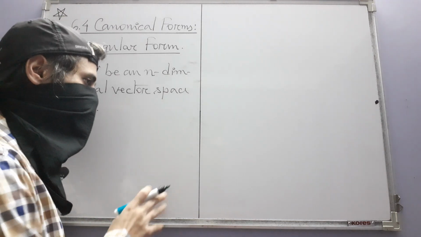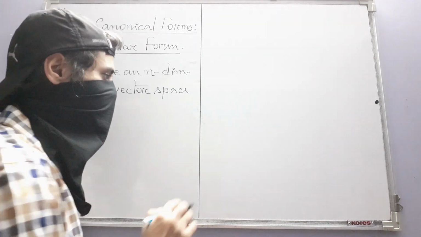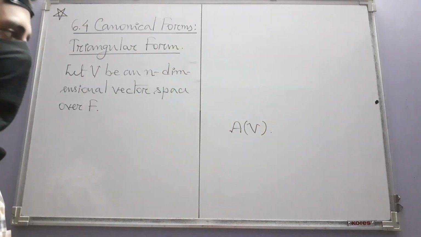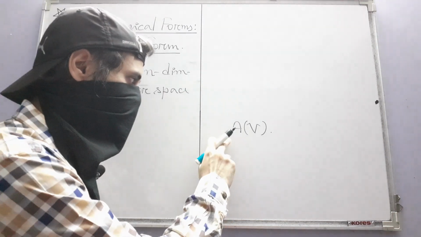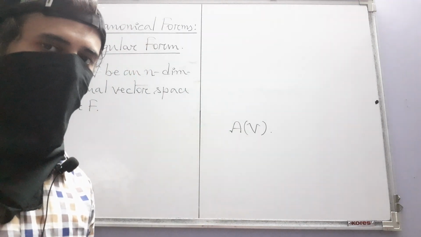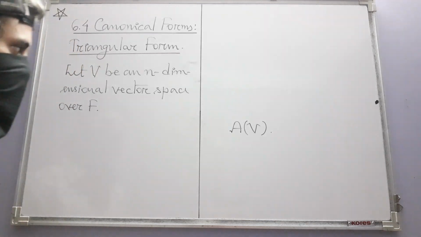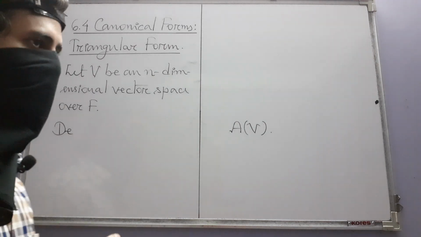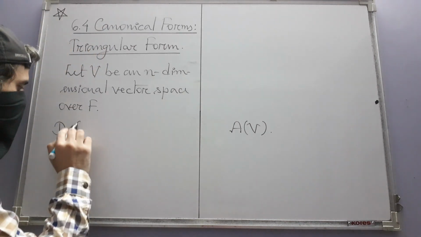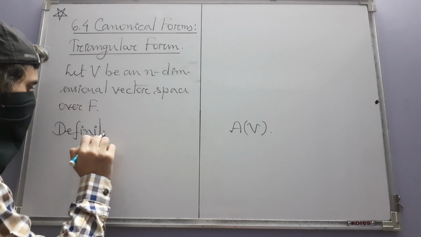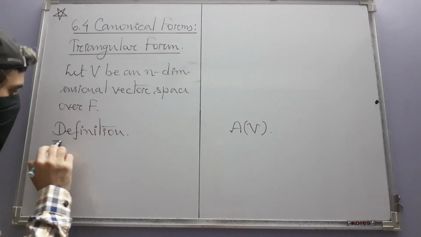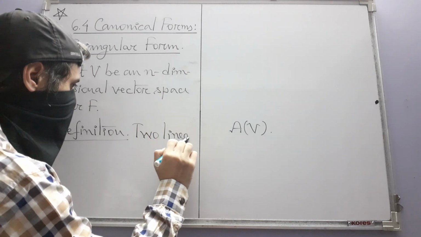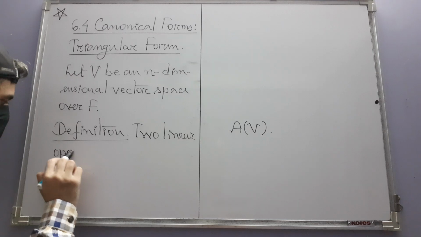We are next going to define a binary relation in the algebra A of V. That means this relation is going to relate two linear transformations on V or two linear operators on V. And this is the definition. And this relation is called similarity. Two linear operators.